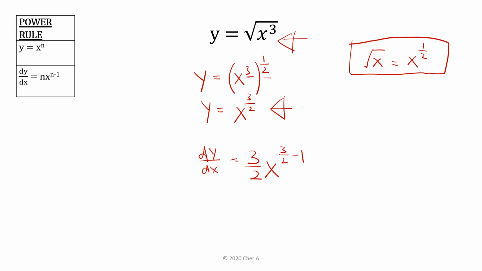So this is a repetition of the power rule. 3 over 2 is n, x, 3 over 2 minus 1 will be the new power. So to make this look prettier, 3 over 2 x, 3 over 2 minus 1 will give us half. Right? So 3 over 2, x to the power of half is square root x.